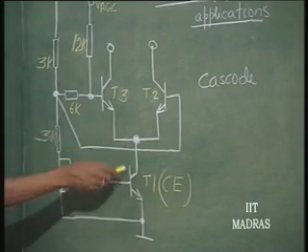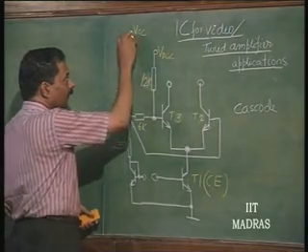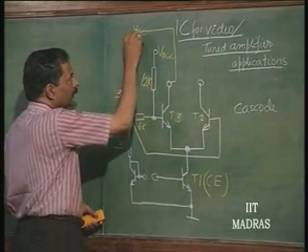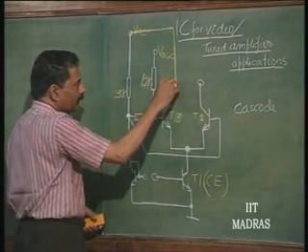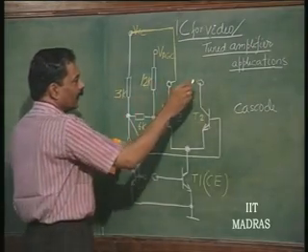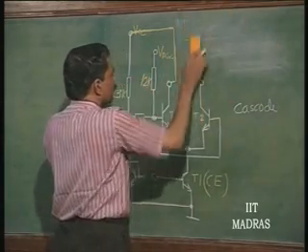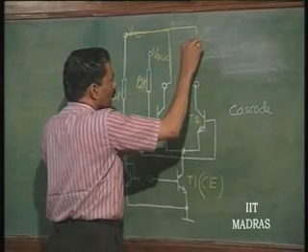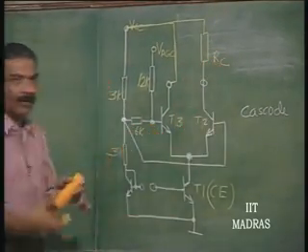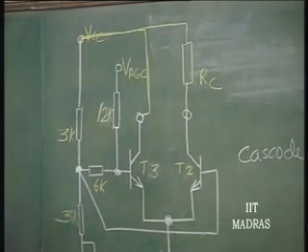So, this combination T1 and T2 can be used as a cascode if, for example, I connect externally VCC to this, so that this transistor may not come into picture in the actual structure, and here I connect the load, the external load. In the case of a wideband amplifier, it is resistive. In the case of a tuned amplifier, it will be a tuned circuit.